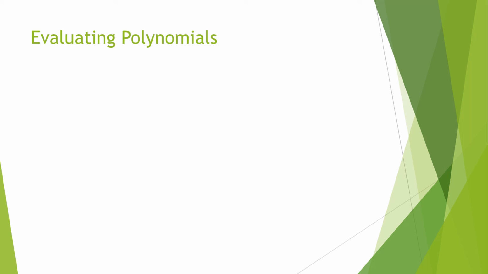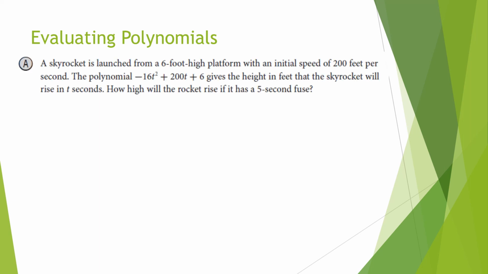How to evaluate the polynomials? Evaluating the polynomials means putting a value for the variable and then evaluating the whole expression. So a skyrocket is launched from a 6-foot high platform with an initial speed of 200 feet per second.